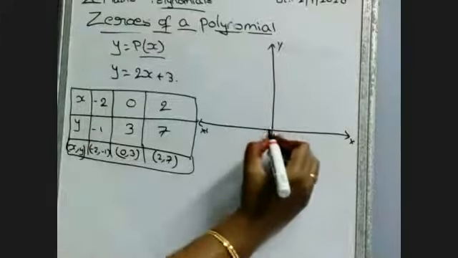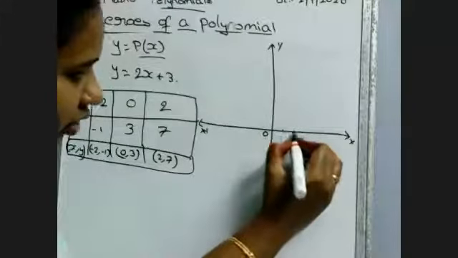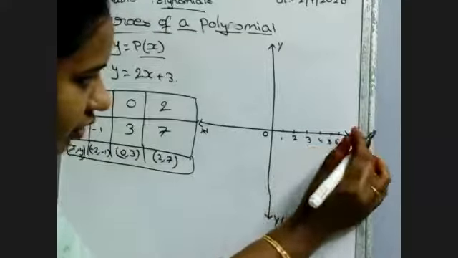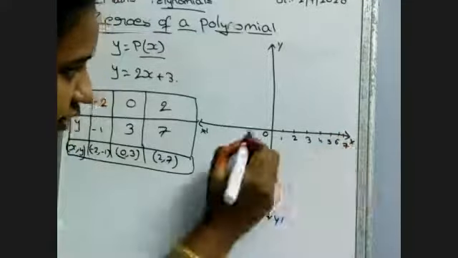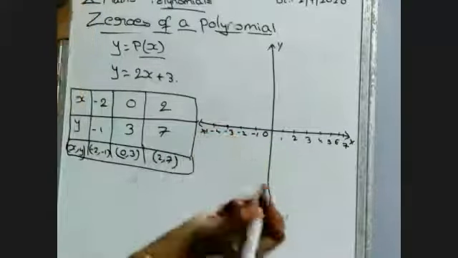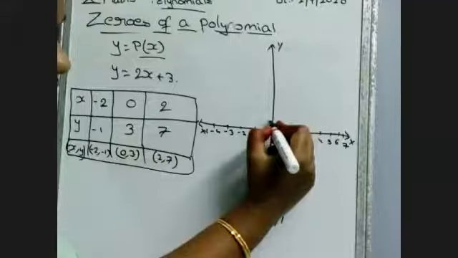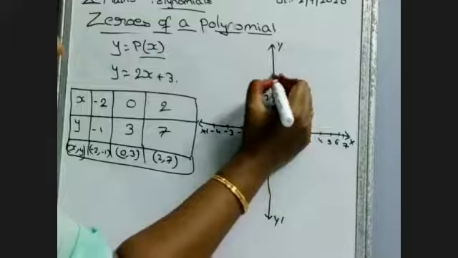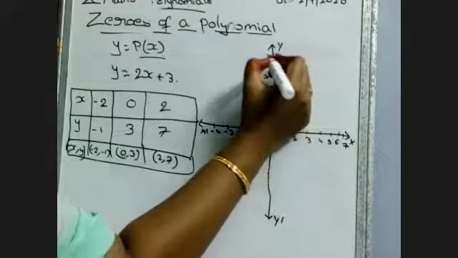So here you can take 0, 1, 2, 3, 4, 5, 6, and we can extend this one to 7. Here -1, -2, -3, -4 you can take. And upward positive numbers: 1, 2, 3, 4, 5, 6, 7 you can take.